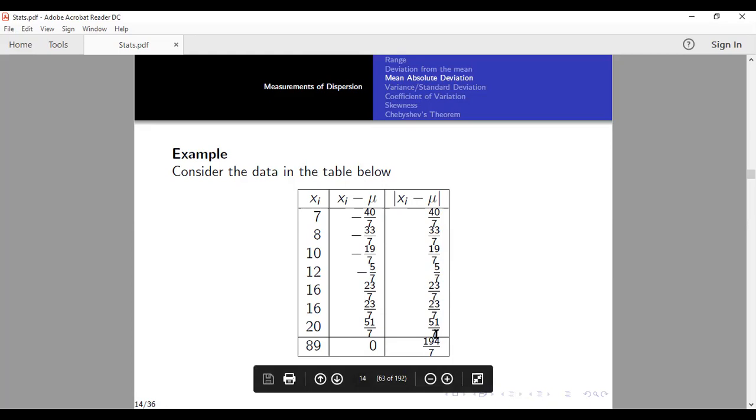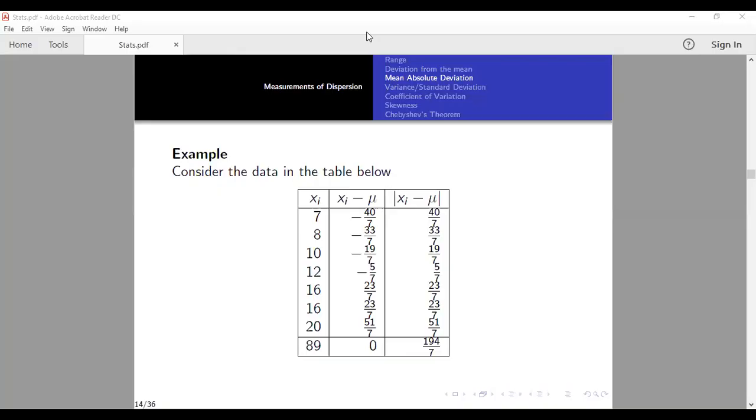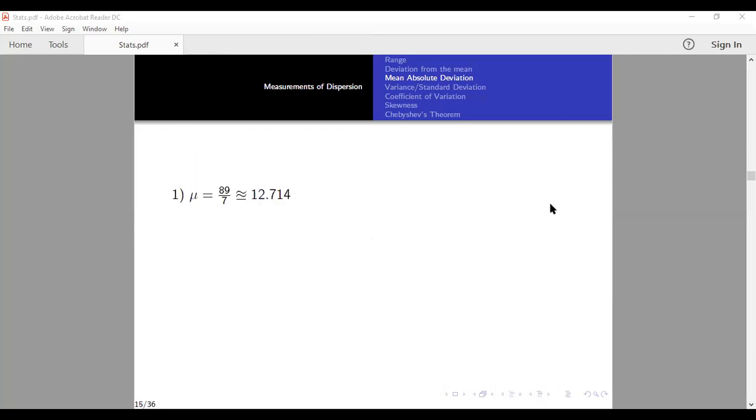You keep the positive ones positive, so that when you add these absolute differences, then we have this.